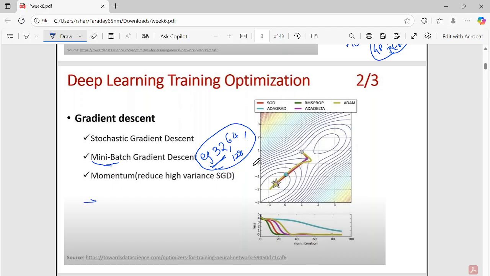So another thing which we saw is batch gradient descent, also known as vanilla gradient descent.